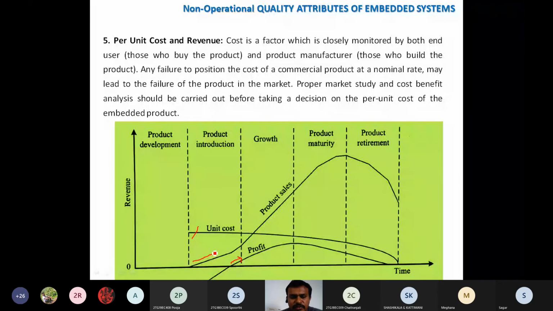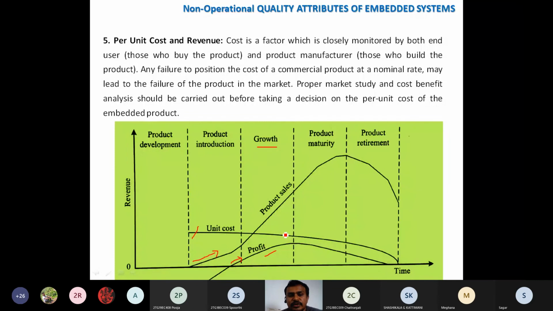What you are going to observe on the screen in the graph. Then growth: what we are going to observe is where the maximum sales are going to happen. There is an increase in the sales. Obviously, the profit will be more. And what about the unit cost? Then the manufacturer is going to decide based on the revenue.